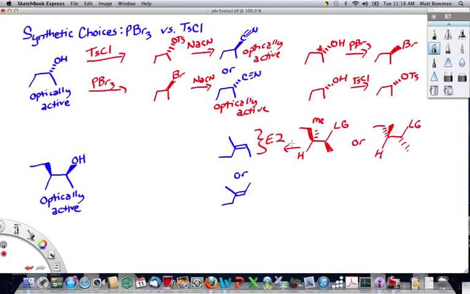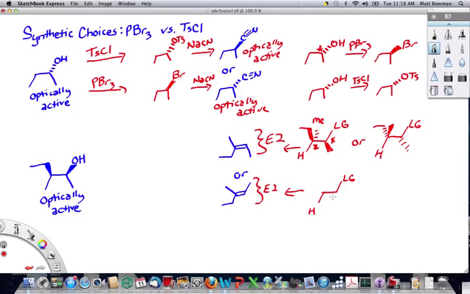And the way you can use the anti-coplanar rule is if both your alpha carbon and your beta carbon are chiral. That's when you can take full advantage of it. To make this diastereomer here, we simply use the other diastereomer up above. Leaving group, hydrogen.